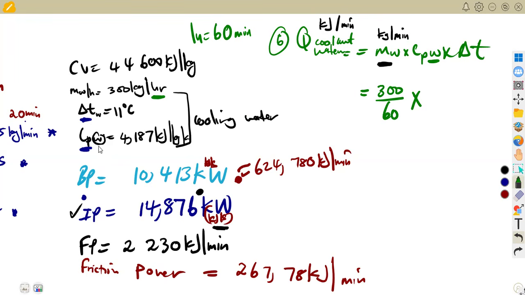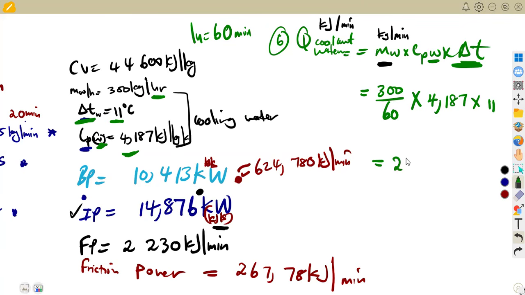Times the specific heat capacity of water. They are different specific heat capacities, and we need the one for water. Times the change in temperature. The change in temperature is our temperature rise for water, which is 11. So this is going to be the heat taken by the coolant.